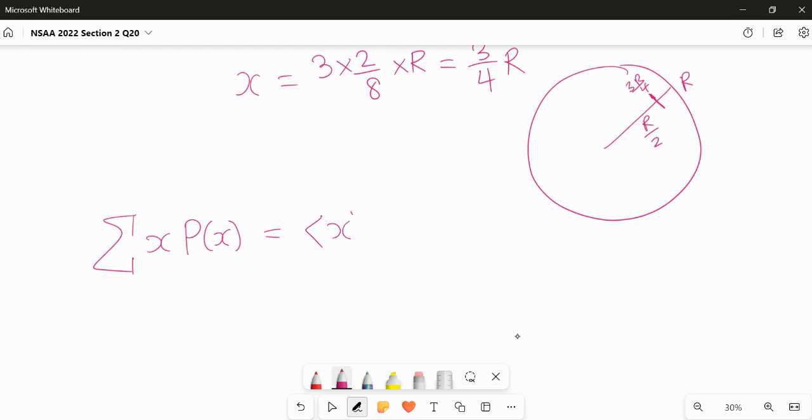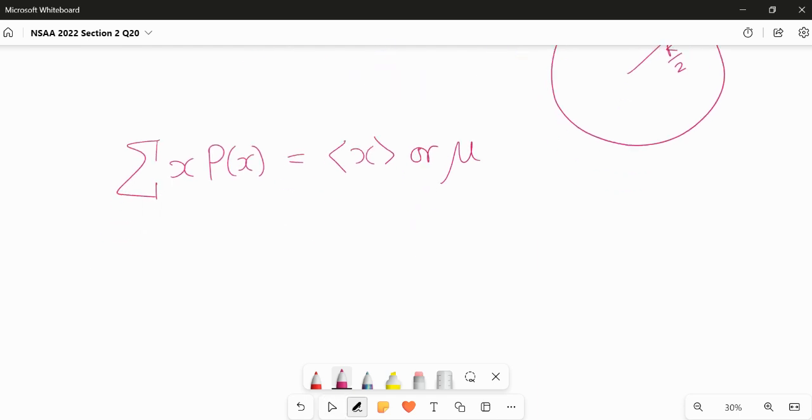We'd call that x with these angled brackets, or you might call it mu. Now, the equivalent here, if we wanted to find the average density, well, we have the integral of the density of x. And then the equivalent of the probability here would be the small volume at which we have that density over the total volume.